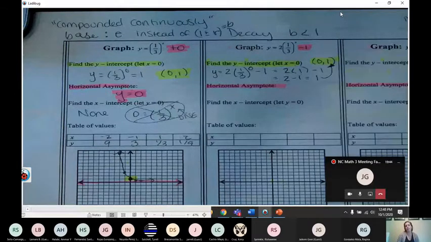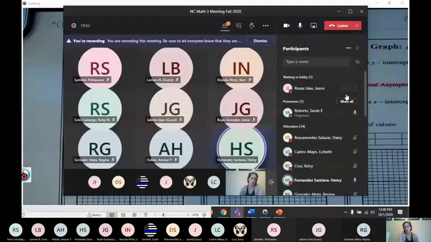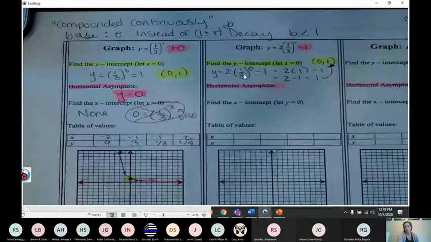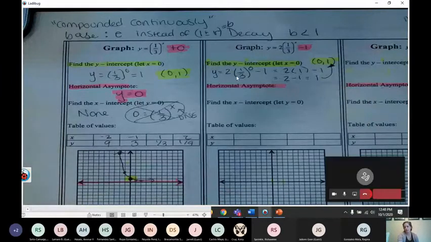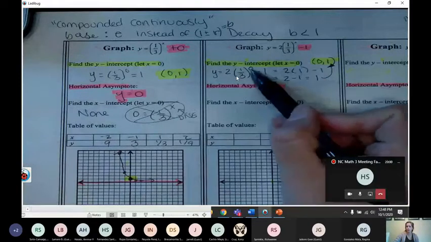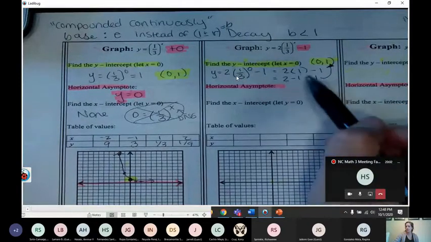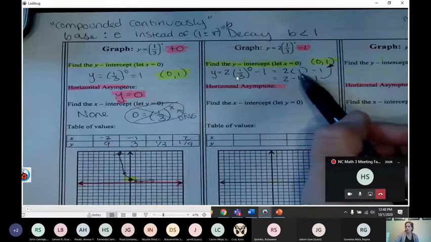Does that help, Henry? Yeah. Wait, so again, you said the 3. So the 1/3. Uh-huh. No. That's to the 0 power. So you multiply the 3 to 0, which would cancel it out. Well, no, we don't multiply.